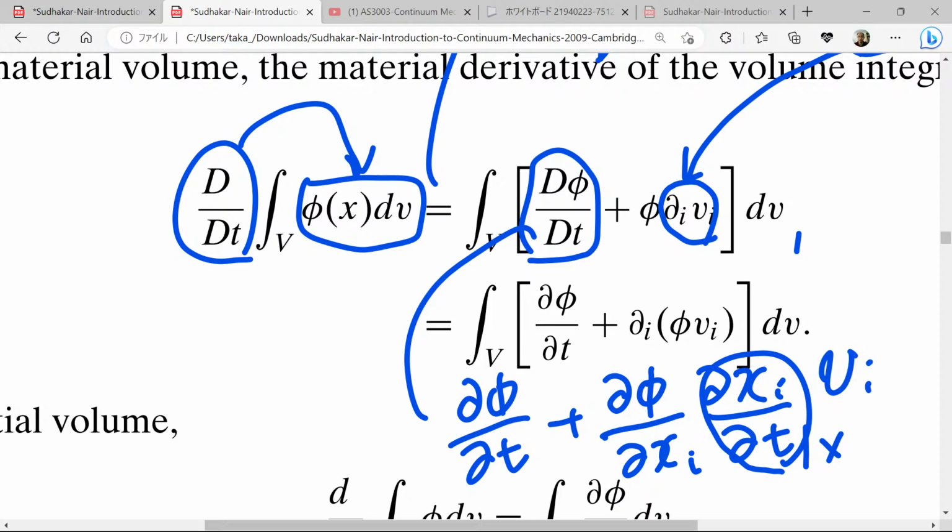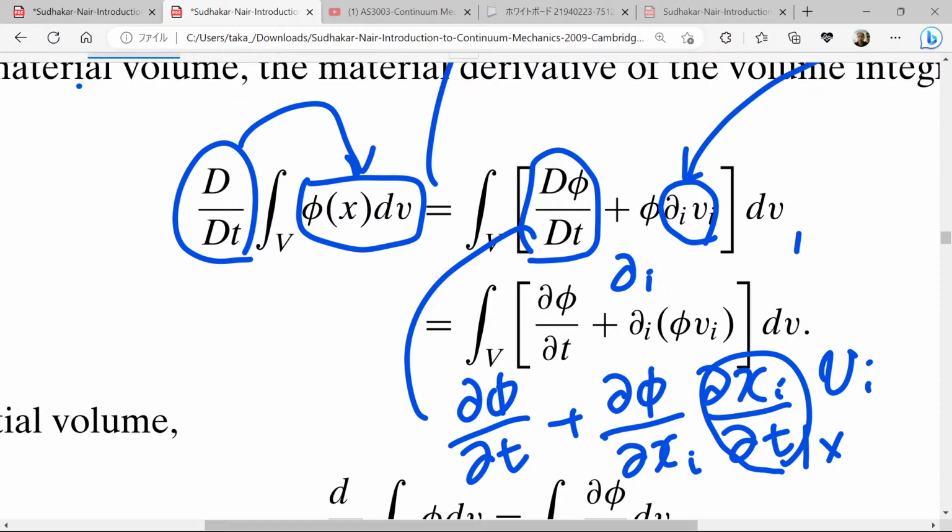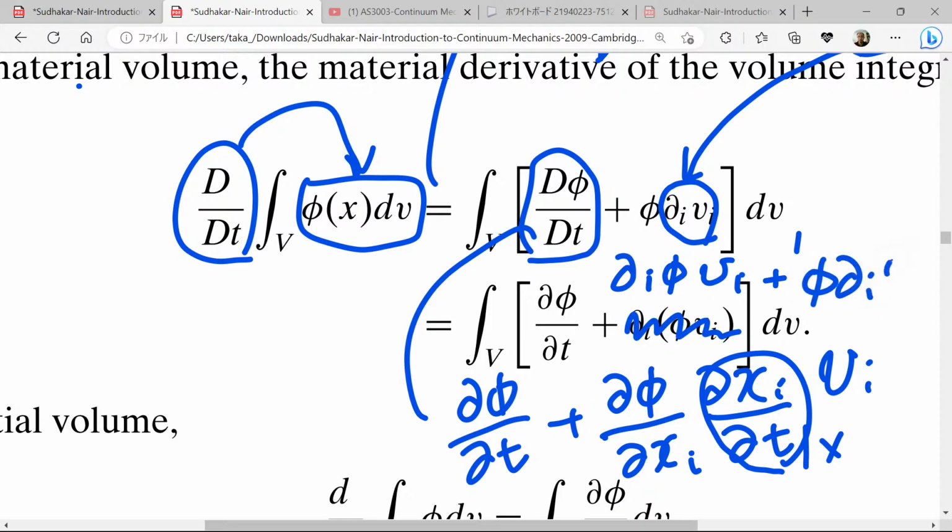So you have this v here. You can rewrite this as partial i phi vi plus this partial phi plus phi partial i vi.